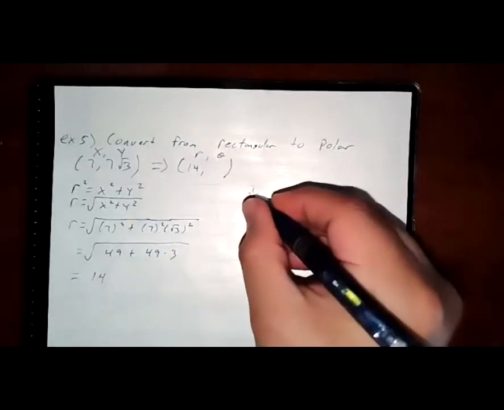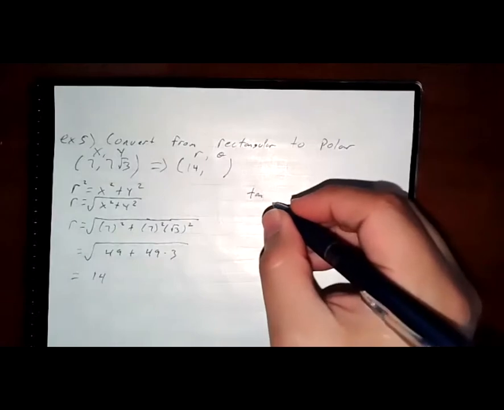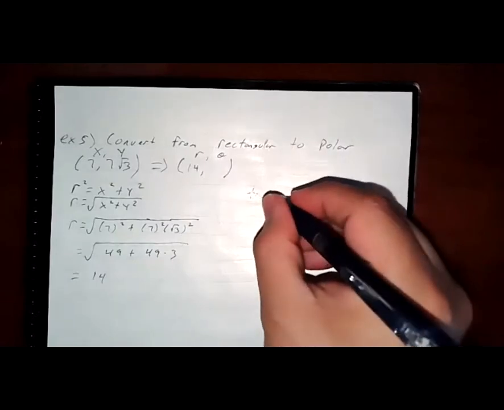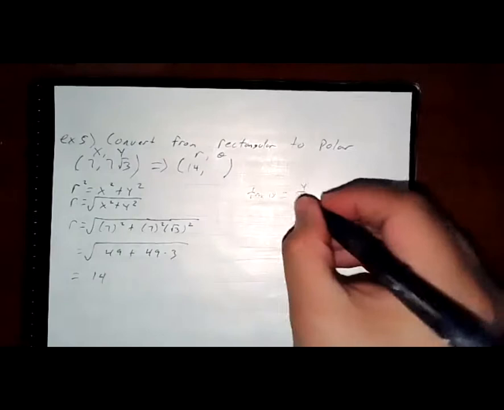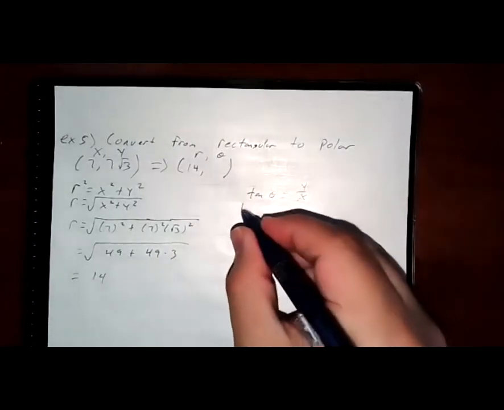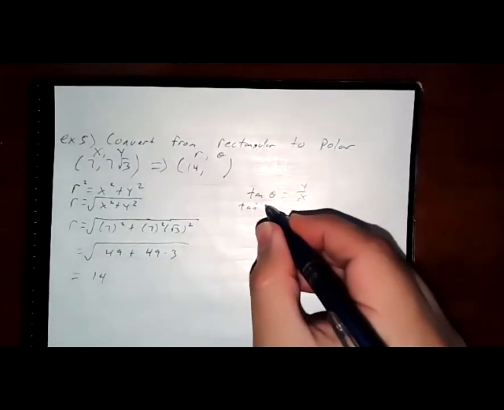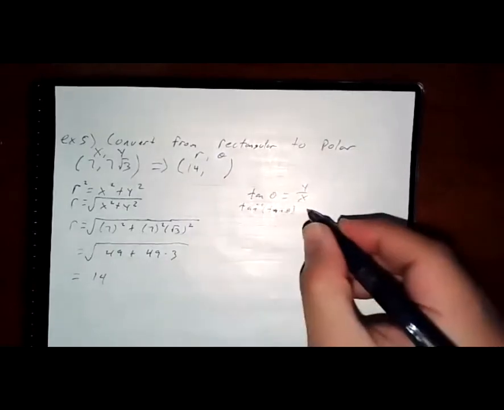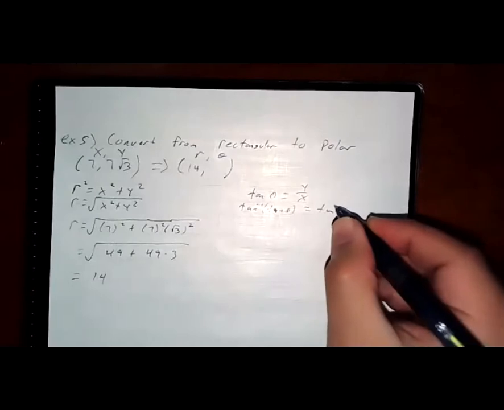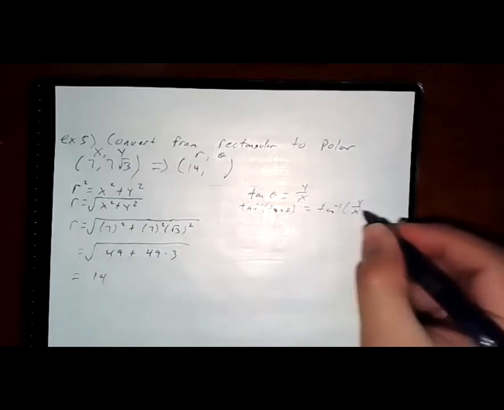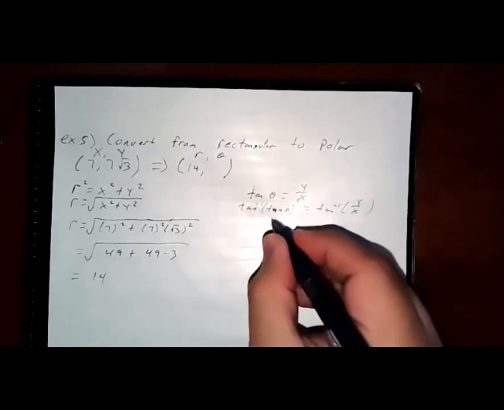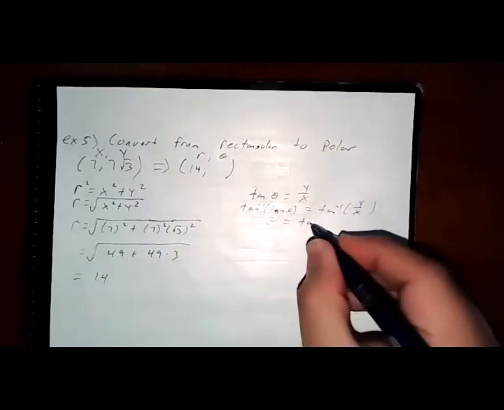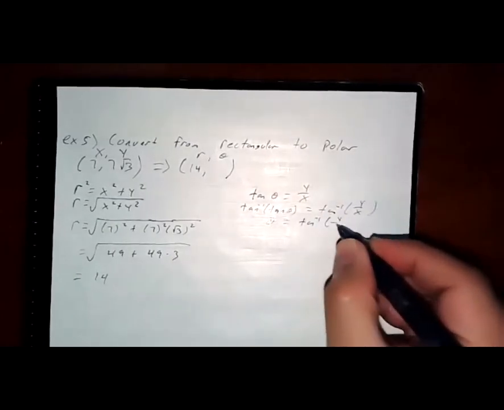Tangent of theta is equal to y over x. So if I solve for theta by doing tangent inverse of both sides, like we did a couple chapters ago, we can solve for theta. So theta is equal to tangent inverse of y over x.